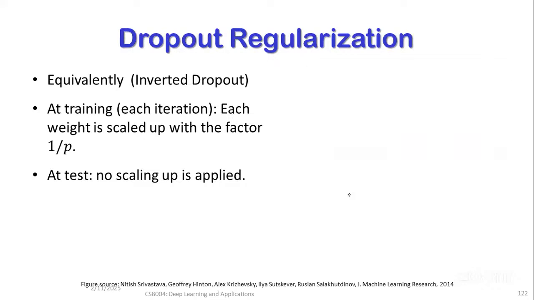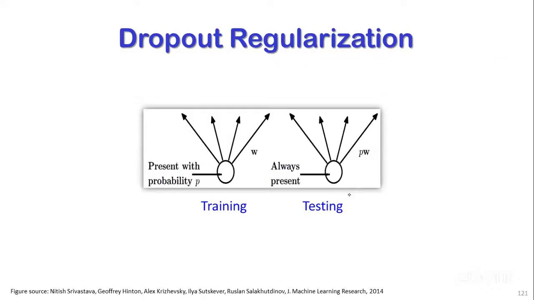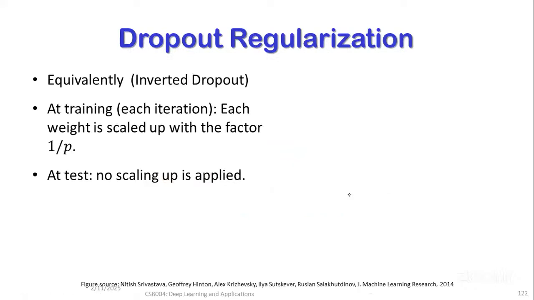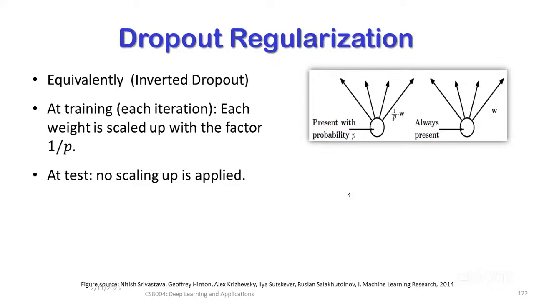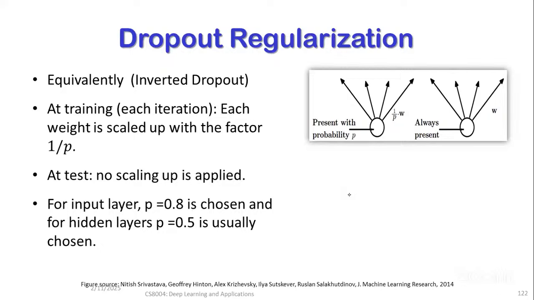See the difference over here, right? So in the inverted dropout, when you are doing the training, each weight is scaled up with a factor 1 by p, and at the testing, we do not apply any scale. So usually for the input layer, the probability is higher, because we want to keep more inputs there, and for the hidden layer, the probability is usually kept as 0.5.